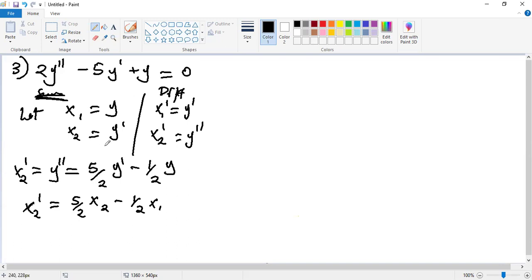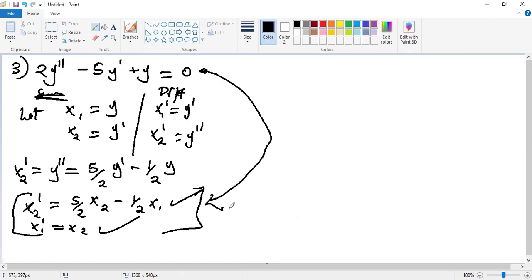And initially, we had x1 prime being equal to y prime, and y prime is x2. So x1 prime is equal to y prime, which is equal to x2. And this is our system of differential equations that we get from converting this second order differential equation.